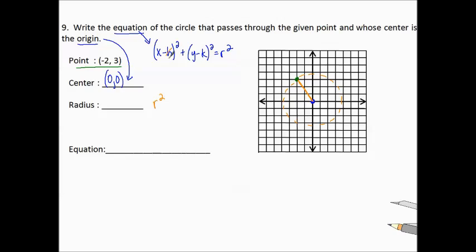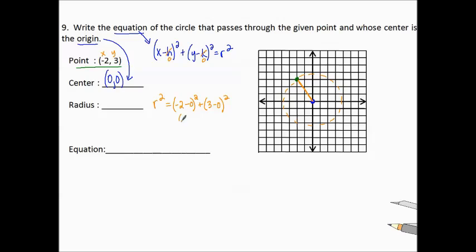So h and k are 0 and 0. If I want r squared, this is my x and this is my y: (-2 - 0)² + (3 - 0)².